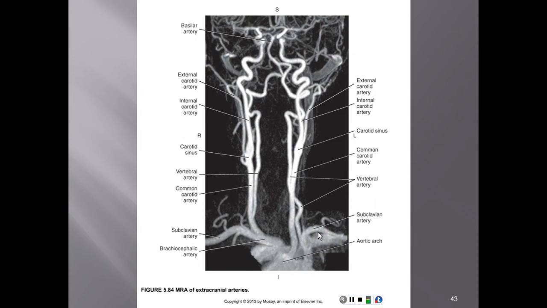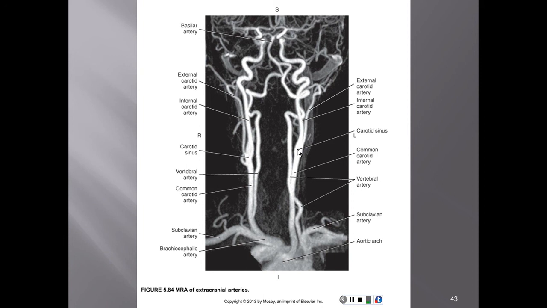This is an MRI of the extracranial arteries. Very, very busy looking picture. However, if you understand your anatomy, you can cut out portions that you're relatively uninterested in. So if we're interested in the carotids, then we can see the carotid arteries, right? And since we're looking at it head-on, we don't see the bifurcation as well.